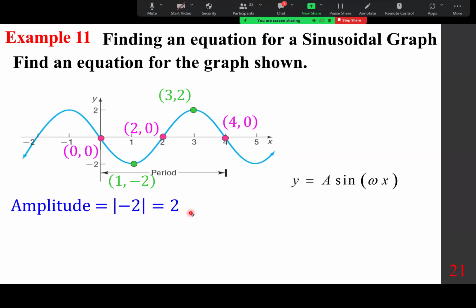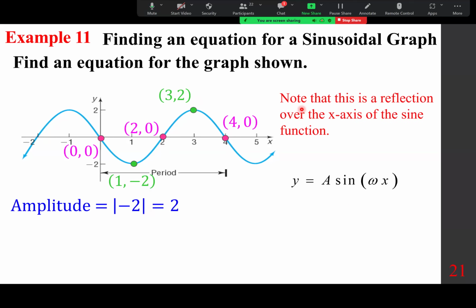And you really should recognize that this is a reflection over the x-axis of the sine function. So the amplitude is the absolute value of -2, and so the a is -2. The period is 4. That means 2 pi over omega is 4.